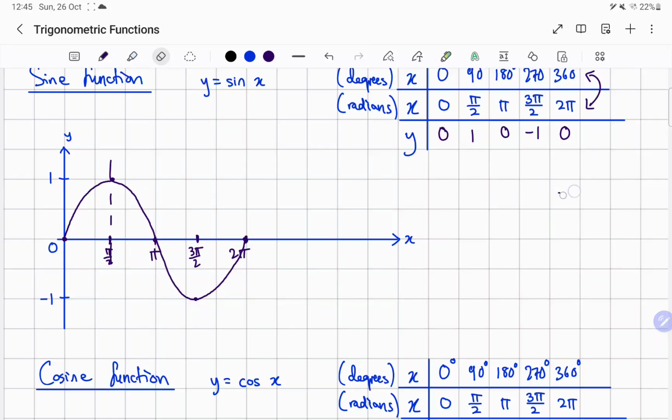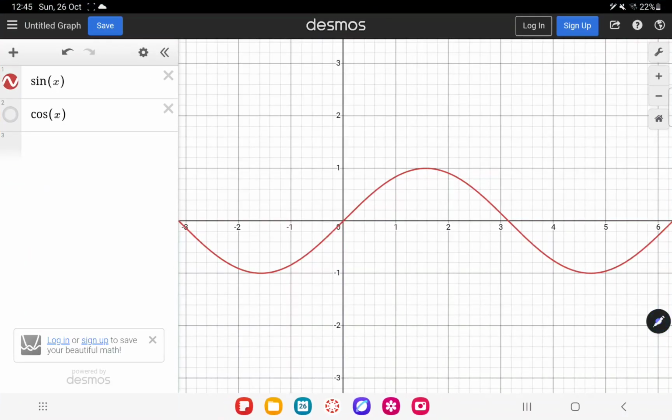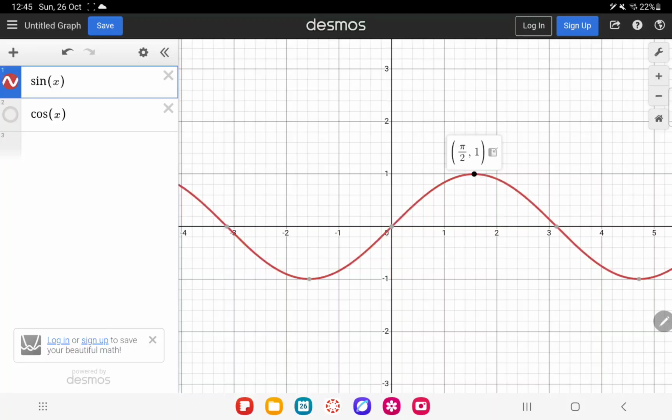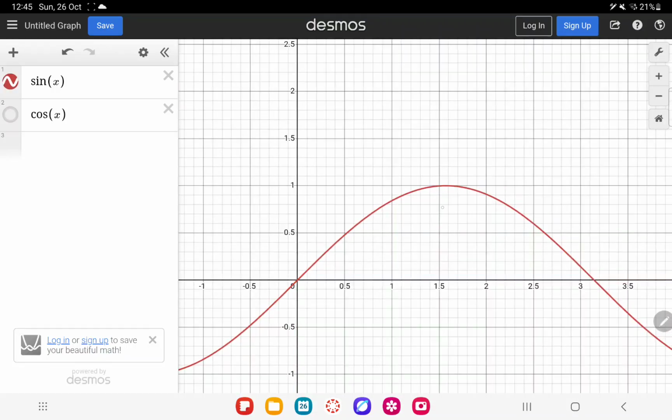And so that rule will hold. Look at this, this point here is pi over 2.